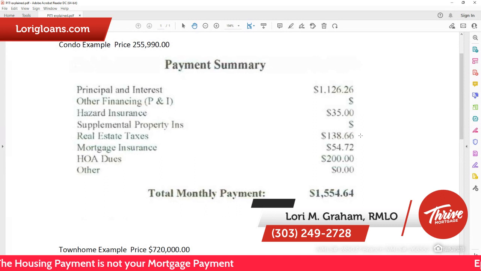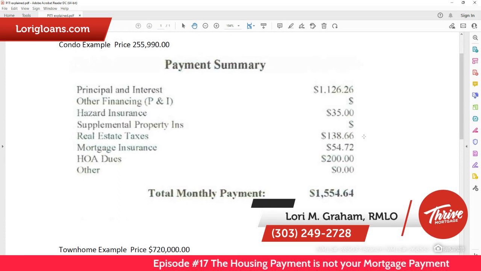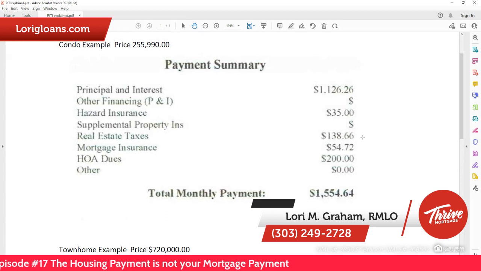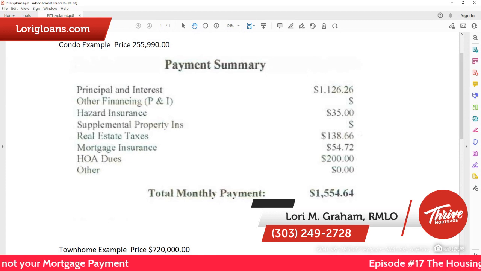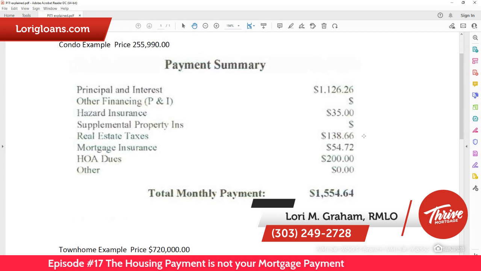Then she also has real estate taxes of $138.66 a month. Keep in mind that the $35 and $138 you're paying each month in your mortgage payment gets dropped into an escrow account so that your lender can pay out taxes and insurance on your behalf each year as they come due. Now, these two costs are subject to change. As your home appreciates in value, you should see that the cost to cover these will go up.